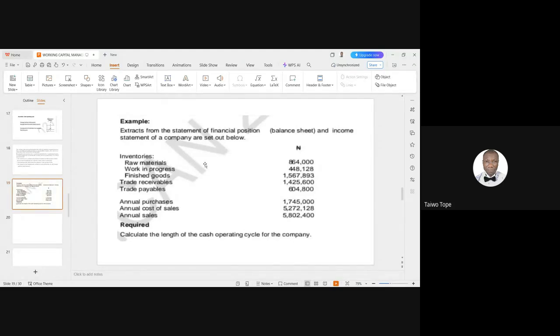Inventories: raw material 864,000, work in progress 148,128,000, finished goods 1,567,893, trade receivables 1,425,600, trade payables 604,800, annual purchases 1,745,000, annual cost of sales 5,272,128, annual sales 5,802,400. Required: calculate the length of the cash operating cycle for the company.